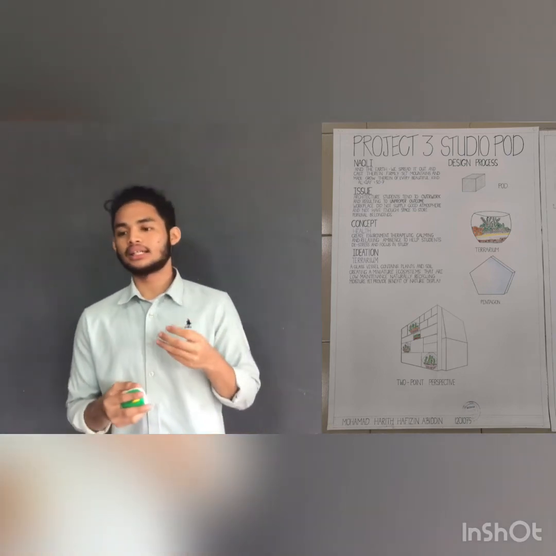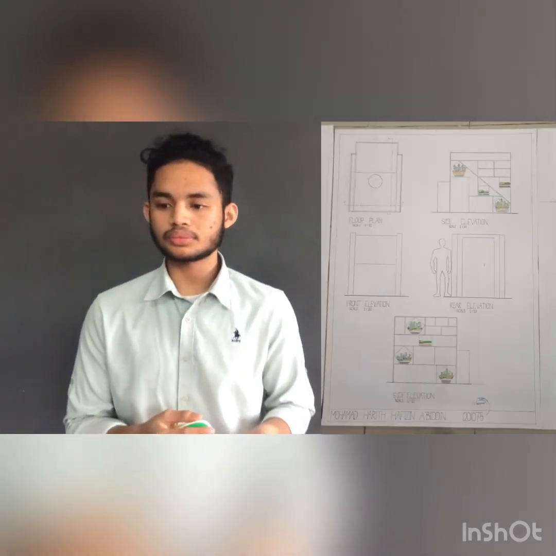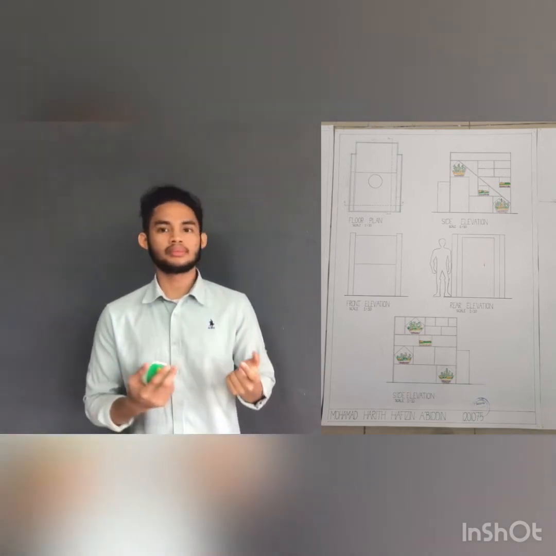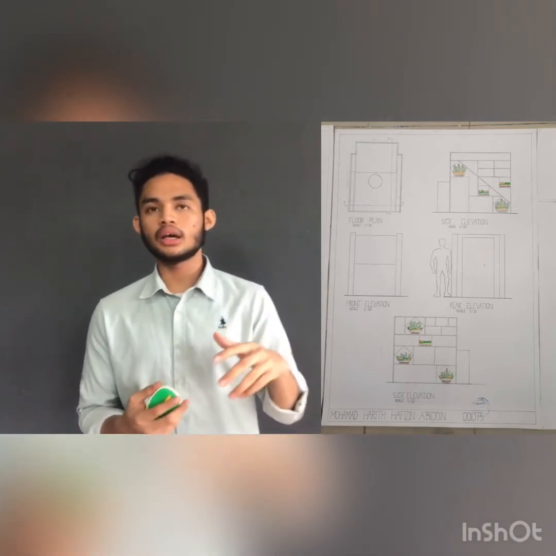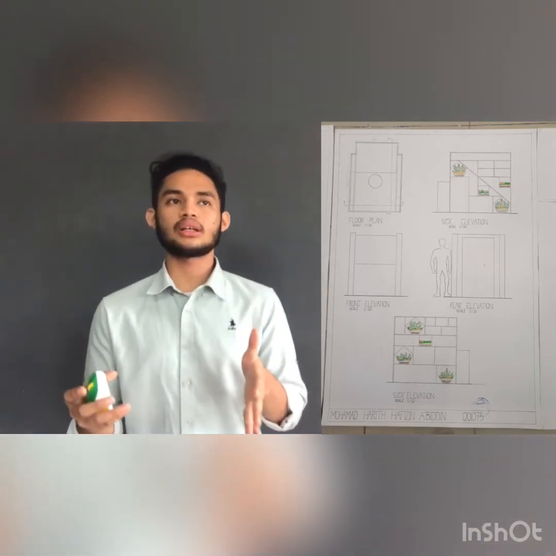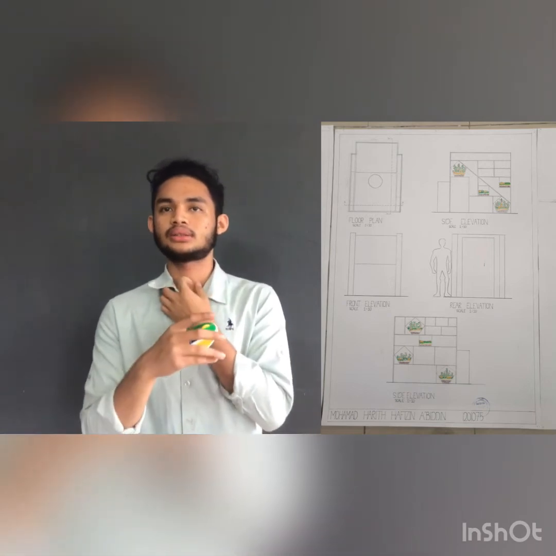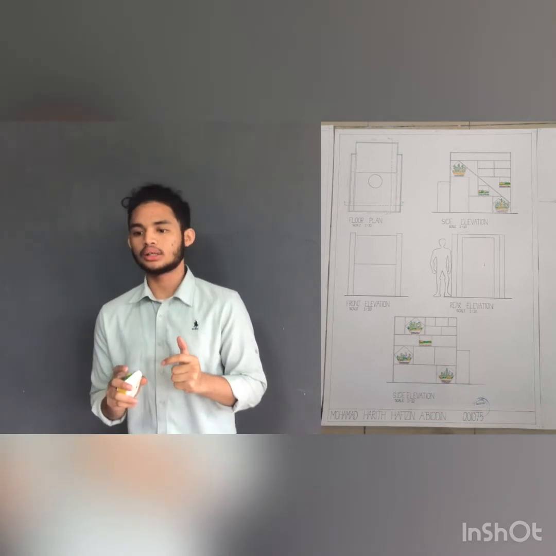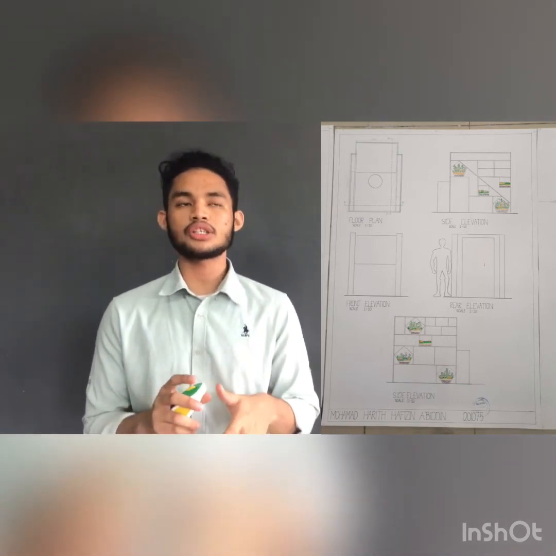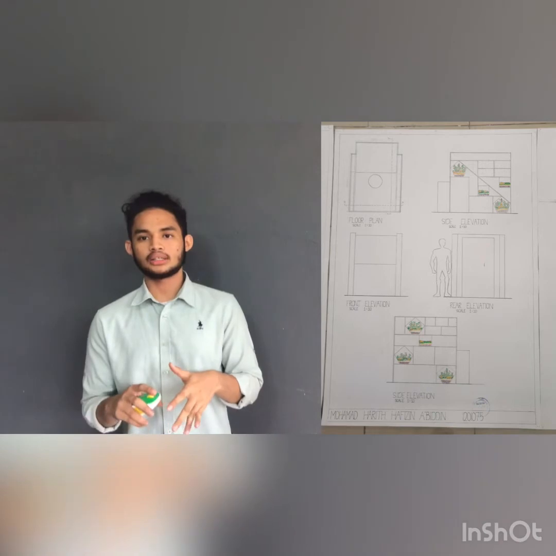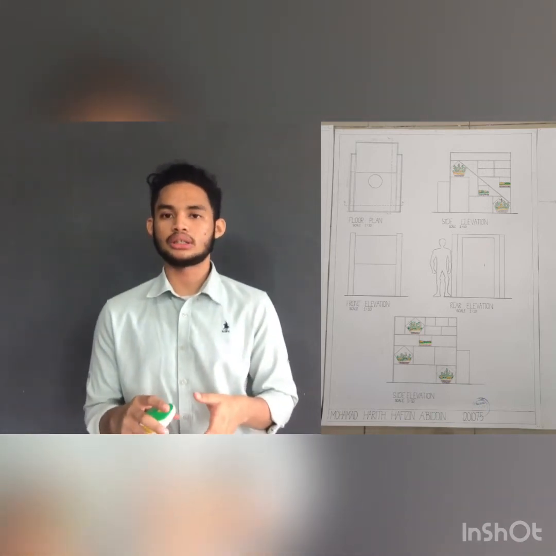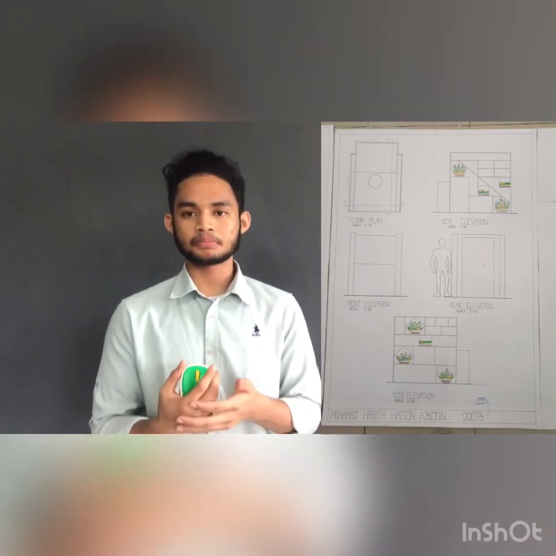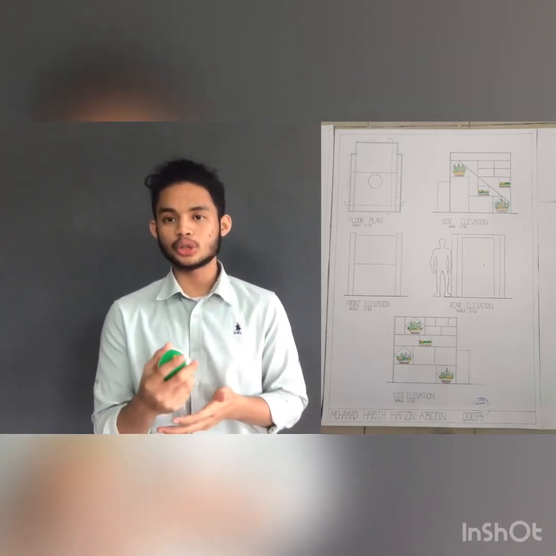So as you can see on the board, in the floor plan there's not much. There's a drafting table and a chair, but on the two sides of it there is a terrarium on both the right and left. From the front elevation, there's not much, just an opening for the student to go into the studio pod itself.